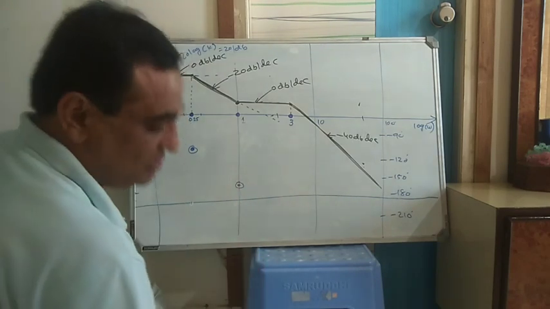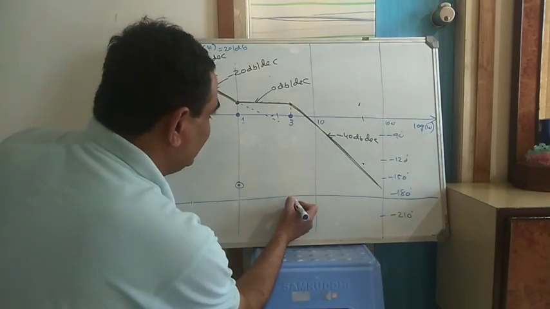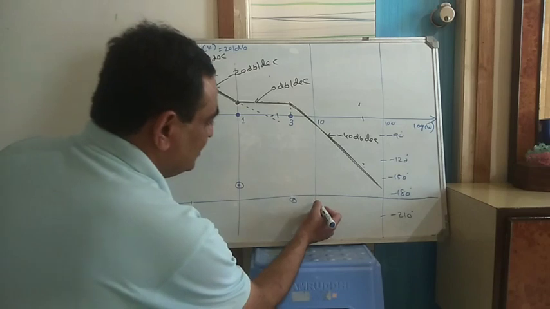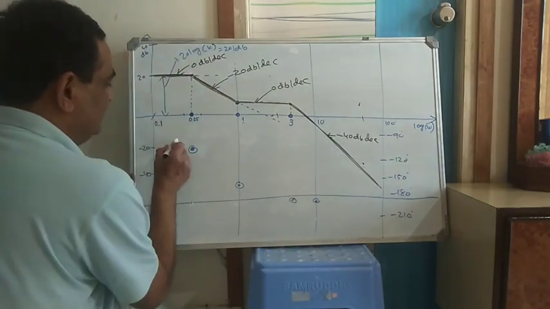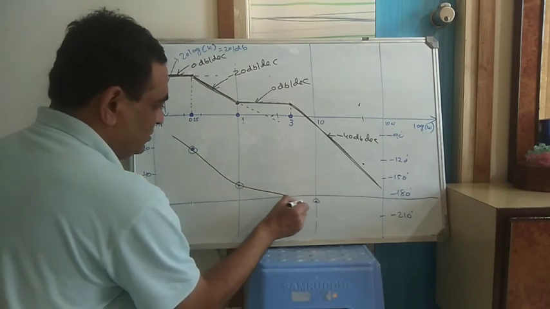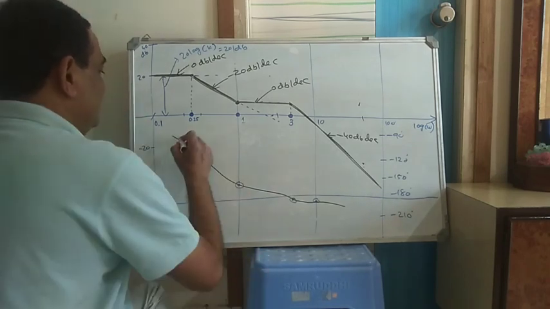Then at 3, minus 181. 3 is this, minus 181 is here. Then at 10, 10 is here. Then I will join these points freehand, something like this. This is the phase plot.